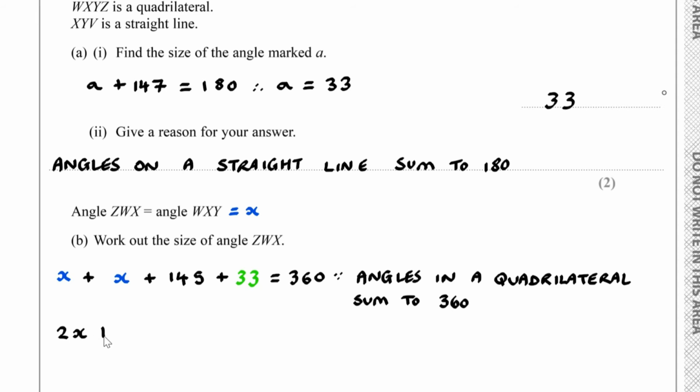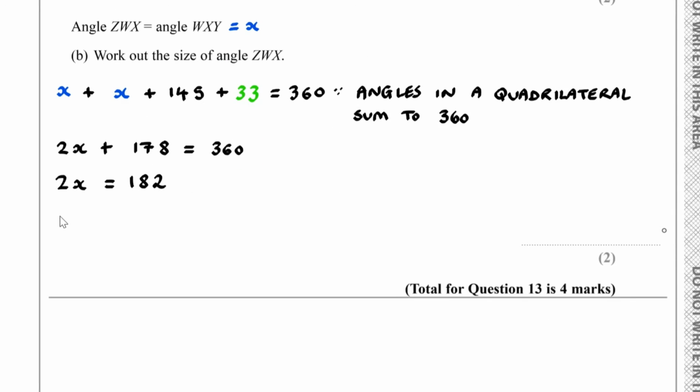So we've got 2x plus 178 equals 360. So we've got 2x, which is equal to 182. So x is equal to 91.